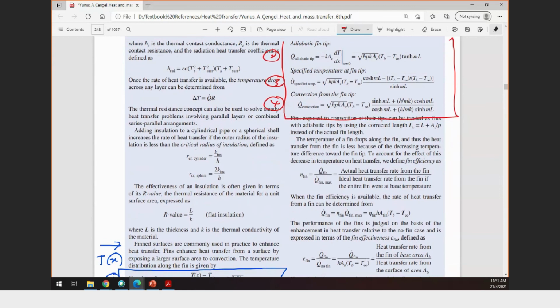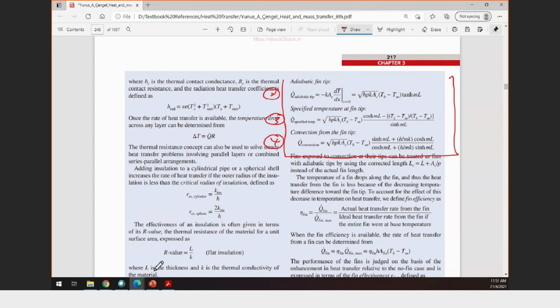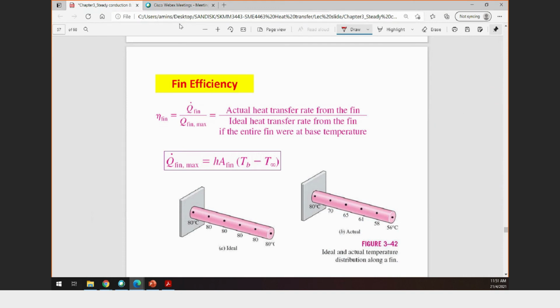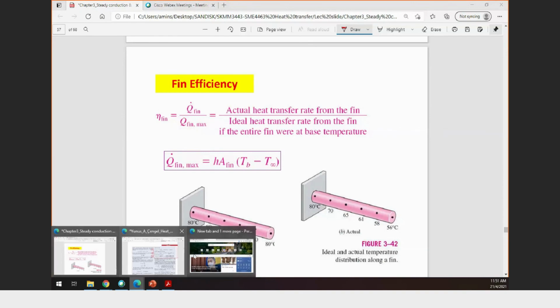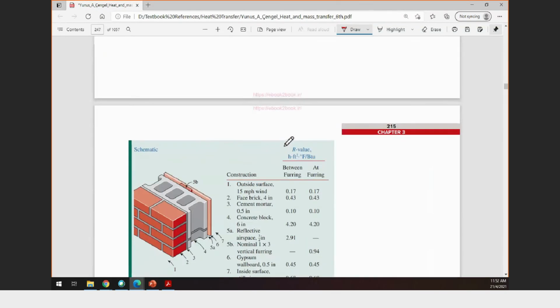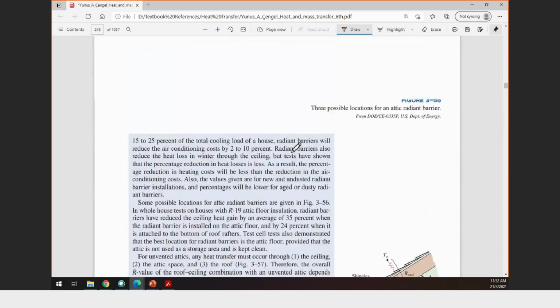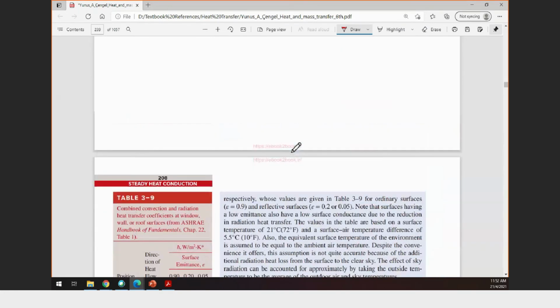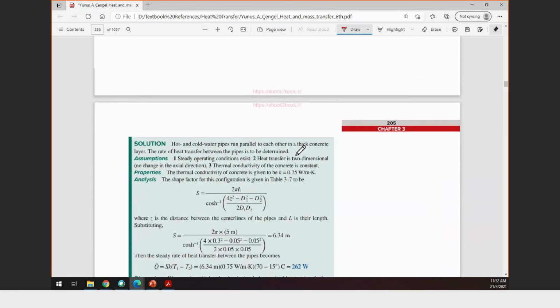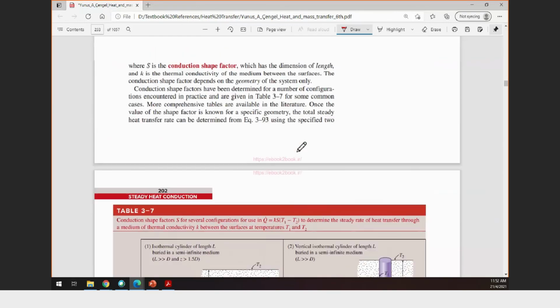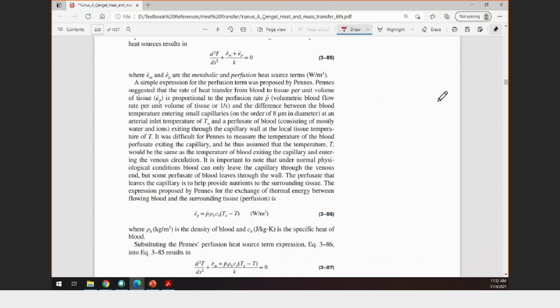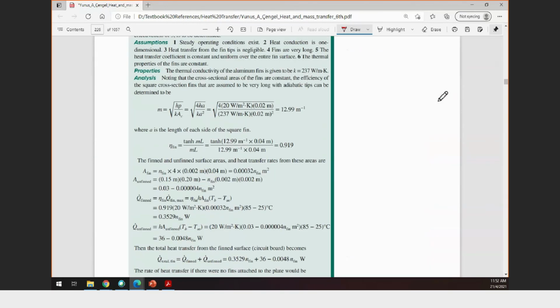Okay, guys. If there is no question, I will go back to the... Oh, just now, sorry. I want to share some examples in the textbook related to the fin. I'm not sure whether there is a specific fin example, because I think the examples of the fin are very limited in this textbook.